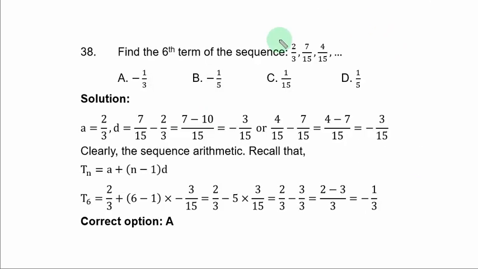Question 38. Find the sixth term of the sequence 2 over 3, 7 over 15, 4 over 15. This sequence, you need to find out if it is an AP or a GP. In both types, the first term remains the same, that is 2 over 3.